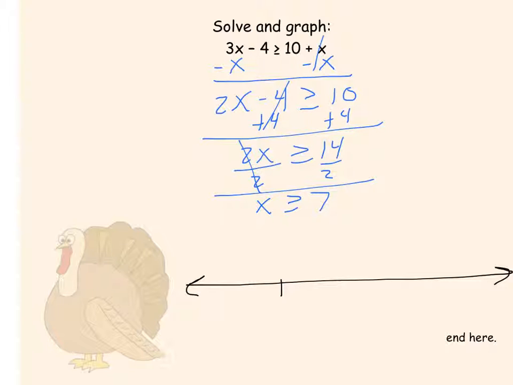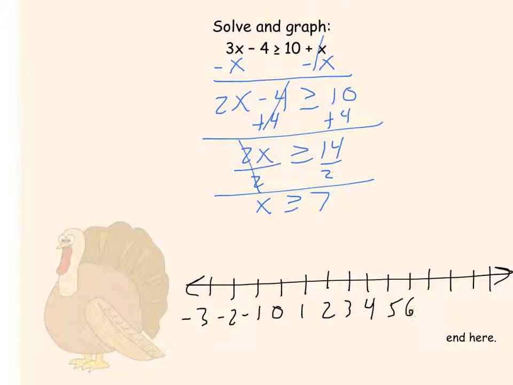I'm actually going to put 0 over here because I need more room for positive numbers. As I got -1, -2, and -3. 1, 2, 3, 4, 5, 6, 7, 8, 9, and 10. There we go.